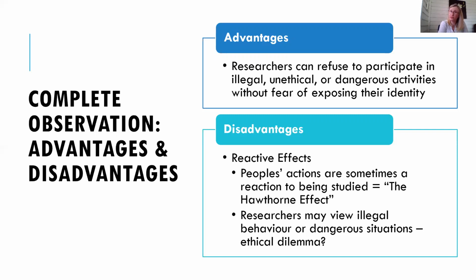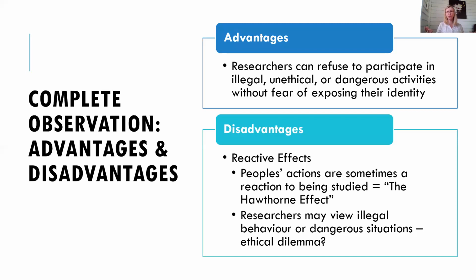If we're an observer only, some of the ethical decisions, then we don't have to worry about so much. However, the disadvantages here of being a complete observer are people react. Now we have what's called the Hawthorne effect, based on a study done back in the 1920s, I believe, that says people react because they know they're being watched. Their behavior changes only because they know someone is watching.